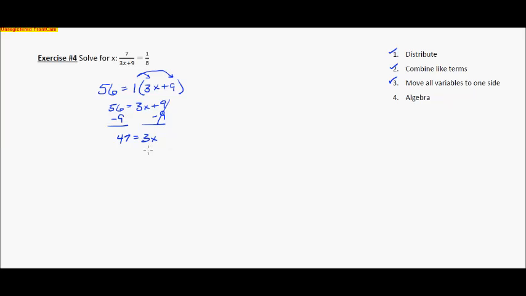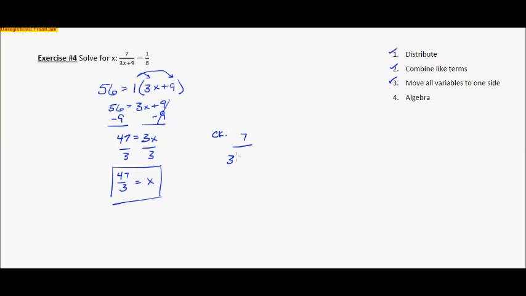And the only thing left is to divide by 3 on both sides. So x equals... Now when I take 47 divided by 3, it doesn't come out evenly or to a whole number. So I'm just going to leave it as 47 over 3. And that one wasn't too bad. That one was actually easier than the previous one, I think. Again, if I do a check, I can do a check for this one.